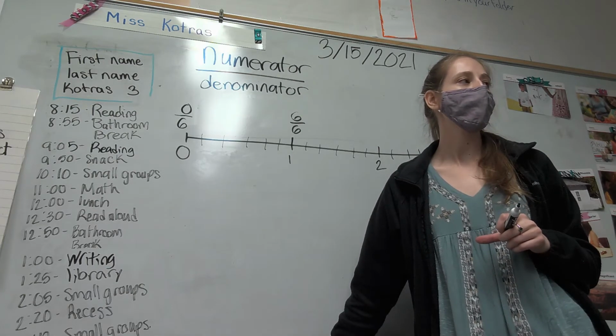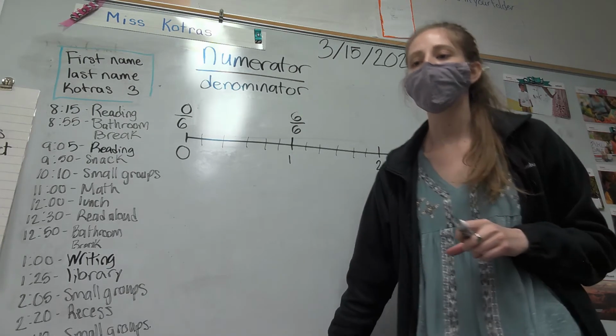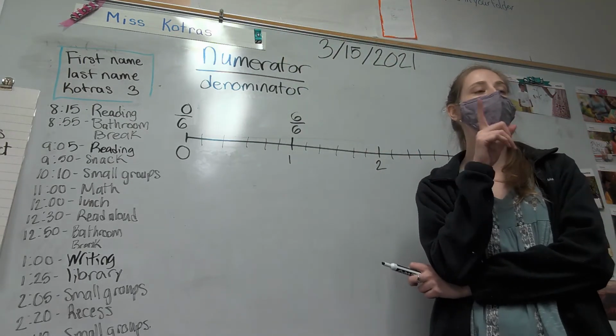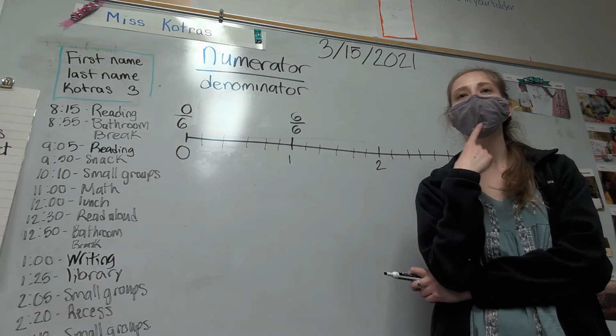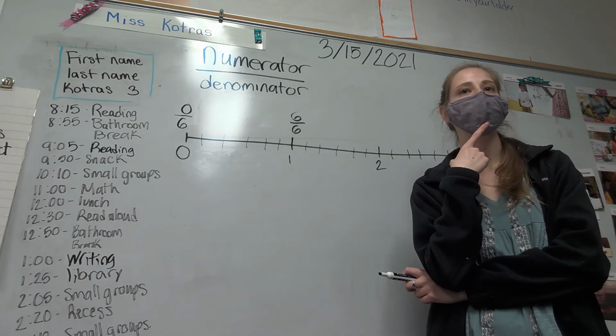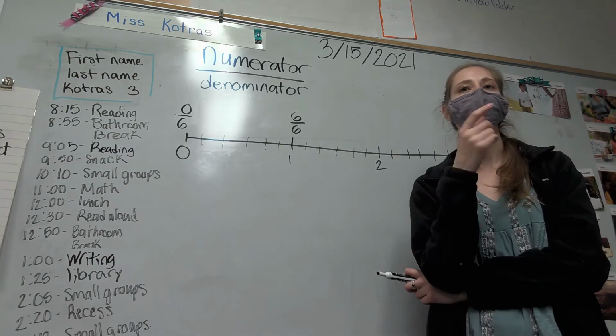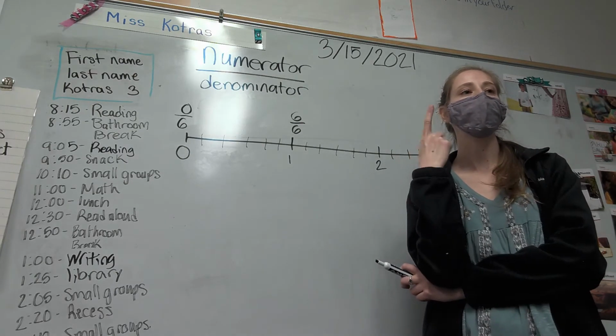The next fraction is 12 over 6. I'm going to show you a hint of what we can do to find 12 over 6. Hands down. I want your eyes up here. We're going to pause writing.